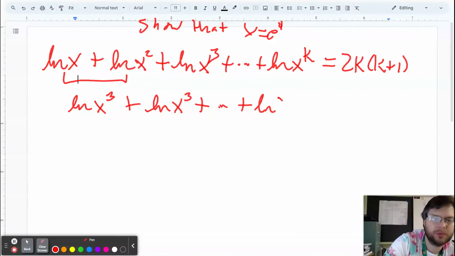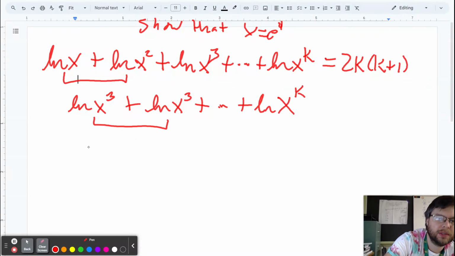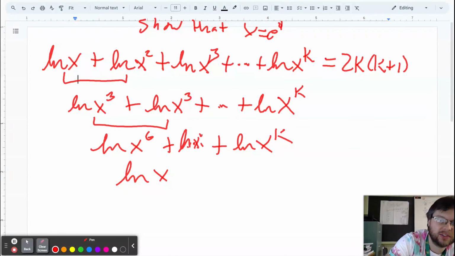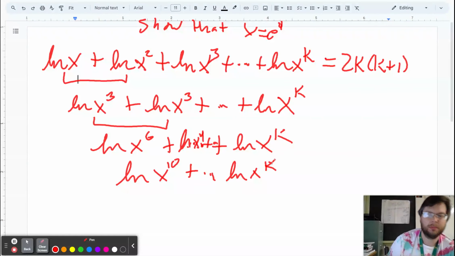So there must be some sort of shortcut. If I added in the next piece, it'd be natural log of x to the sixth, plus all the way up there. What I'm noticing is that as I add in each piece, the next one would be adding in the next piece that's in the dot, dot, dot, so x to the fourth, right? So then I'd have natural log of x to the 10th, plus all the way up there.